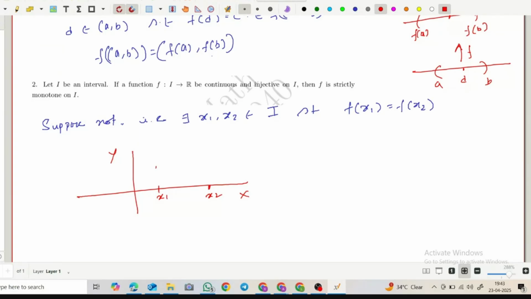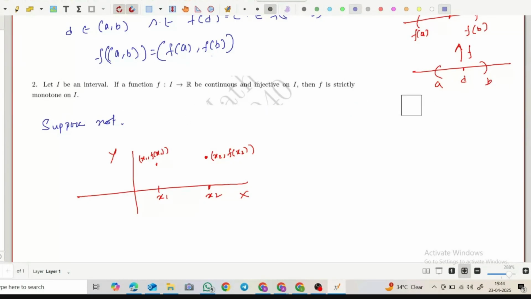Suppose f(x1) is here. This is the point, say, (x1, f(x1)). Now you see, actually no, I'm doing a step jump here.